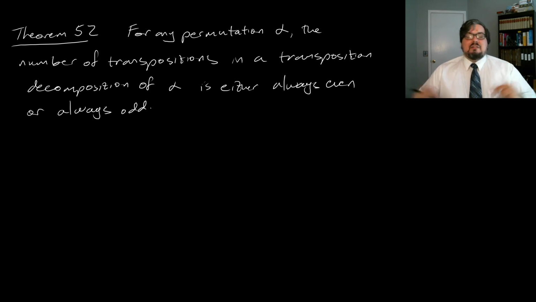Can't say how many there are, but for any permutation alpha, if you give it any decomposition in terms of transpositions, that is, write it as a product of transpositions, you will always get either an even number or always get an odd number.